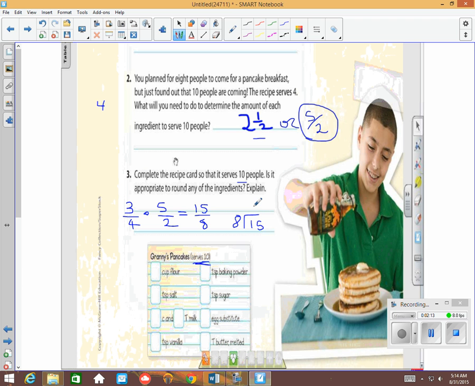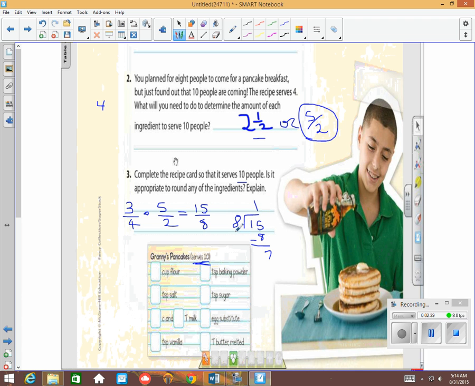8 will go into 15 one time, right? So 8 times 1 is 8, so it's 1 whole cup. Now let's see how much is left over. 8 subtracted from 15 leaves 7.